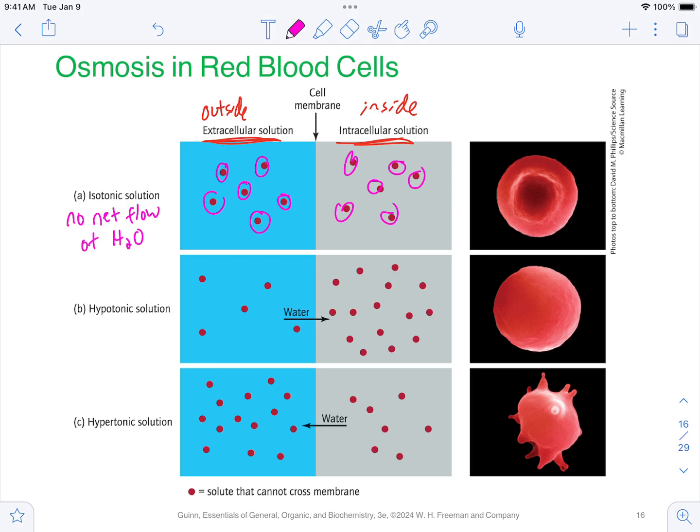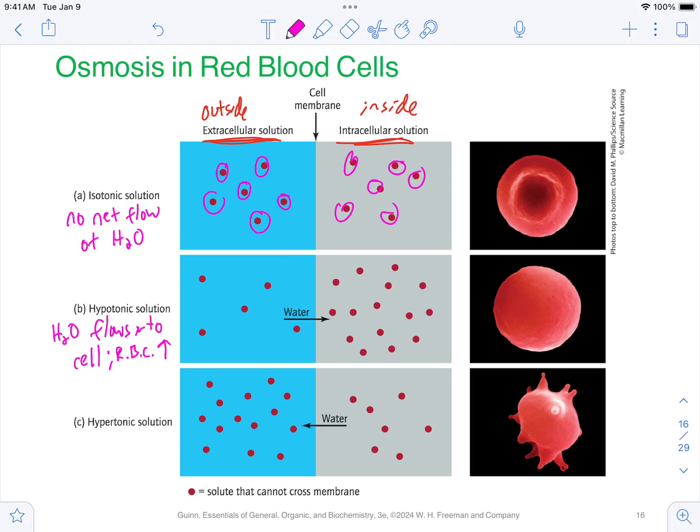In B here, what's happening in the hypotonic solution is that water flows into the red blood cells. And what causes that to happen? So it's flowing into the cell, and it causes the red blood cell size to increase.